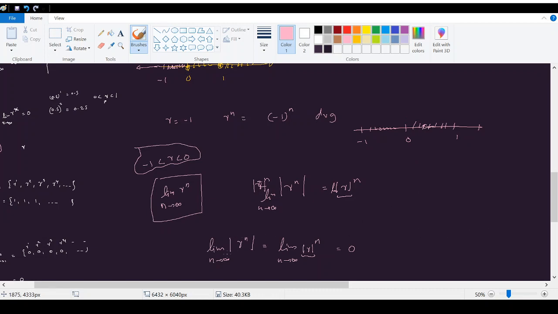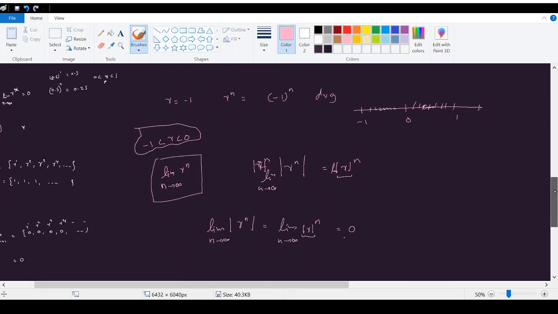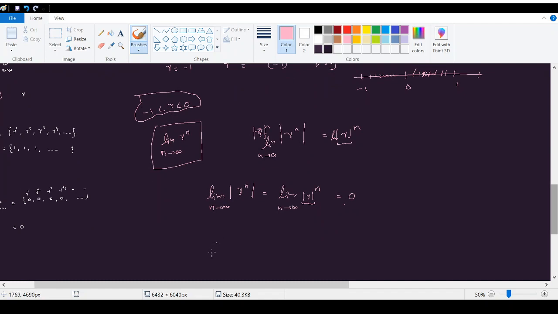Therefore, we have shown that the modulus of the sequence is equal to 0, and from the theorem we can say that the limit of the original sequence will also be equal to 0.